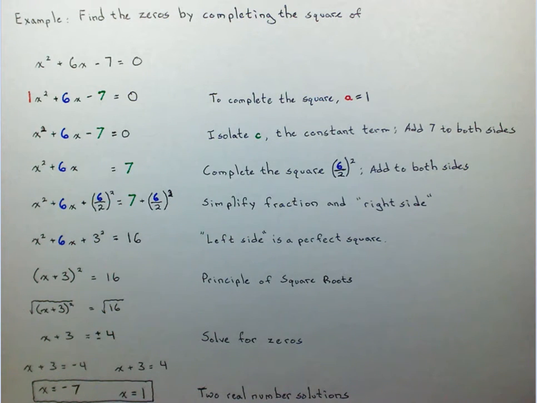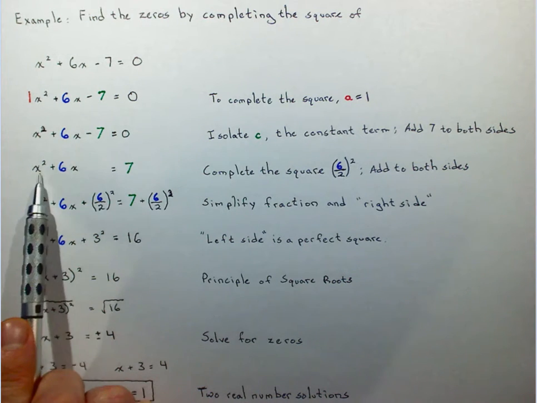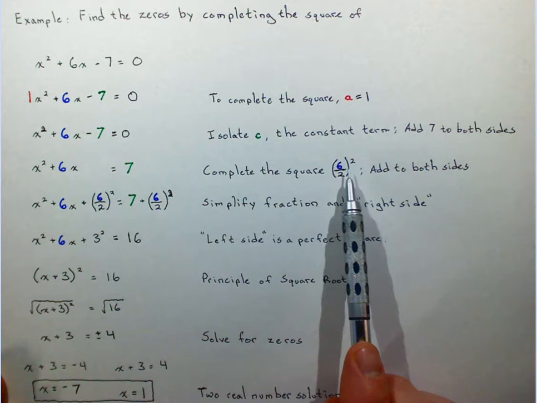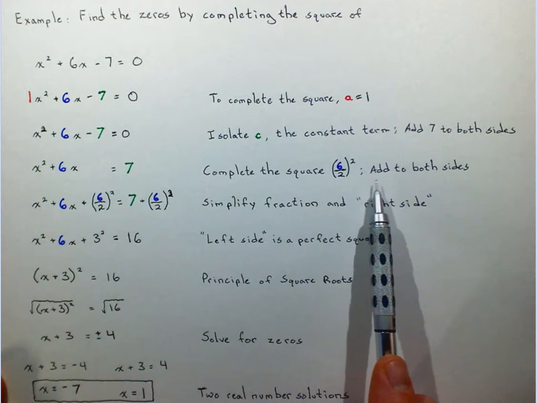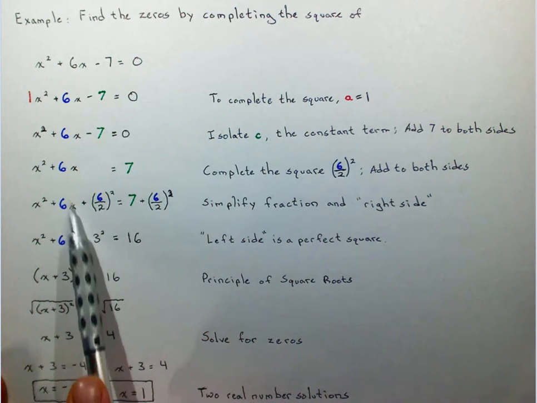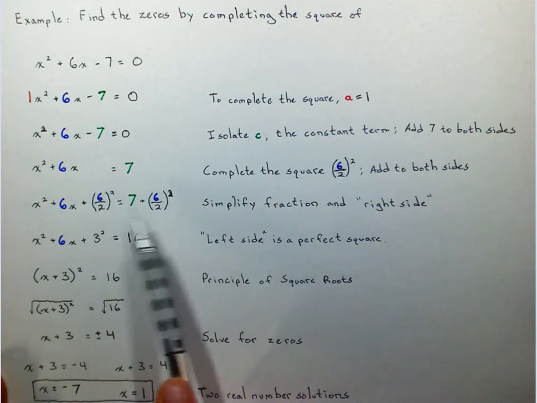Now I need to isolate c, the constant term. I do that by adding 7 to both sides. So I end up with x squared plus 6x equals 7. Now I'm going to complete the square. I say 6 divided by 2 squared, that is b divided by 2 squared. In this case, 6 is the value of b, and I add it to both sides.